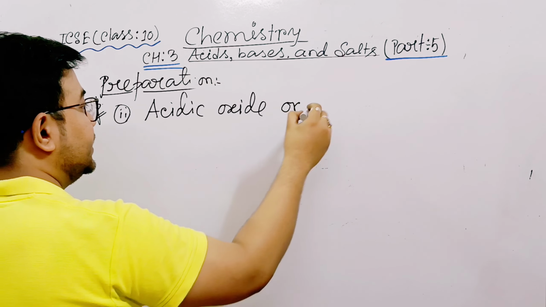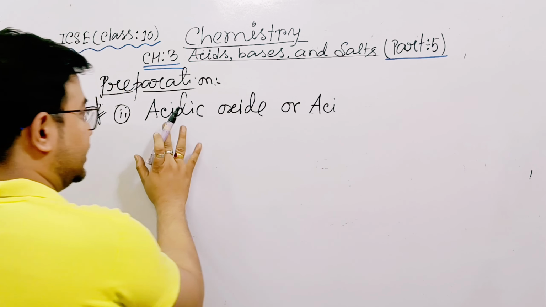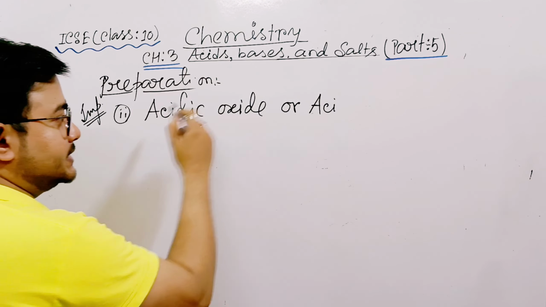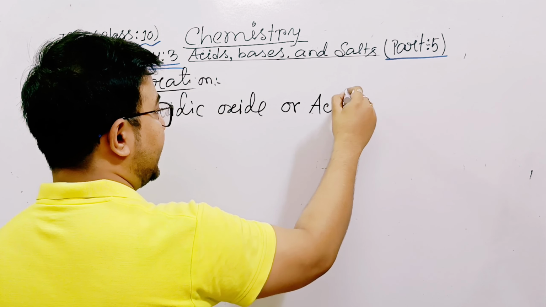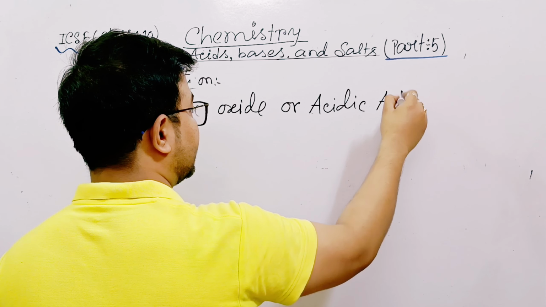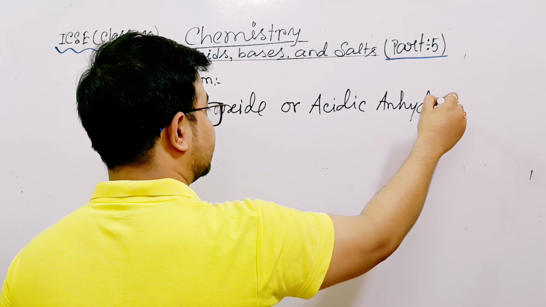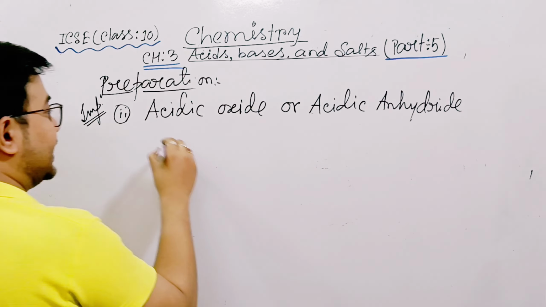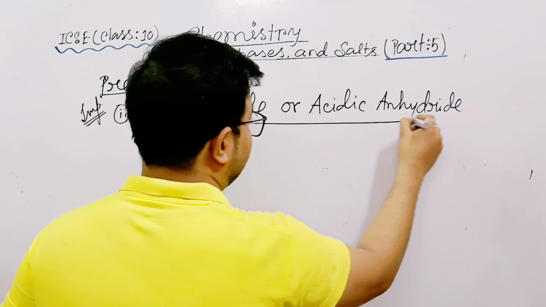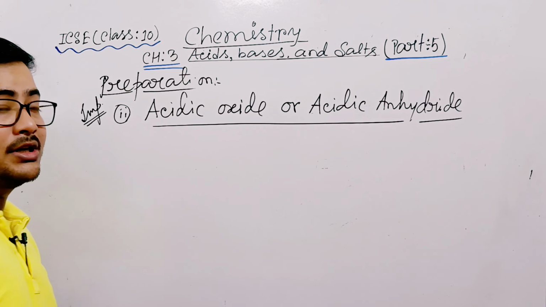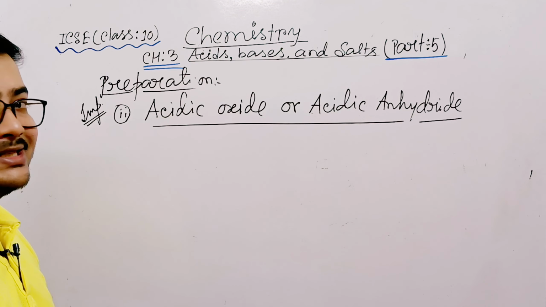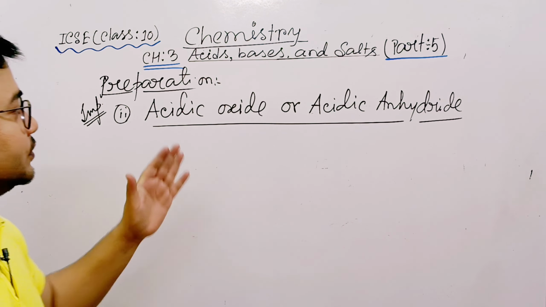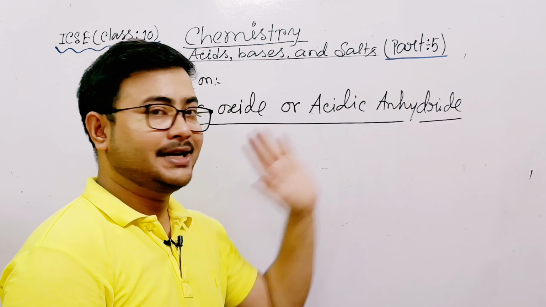Acidic oxide is also called acidic anhydride. So acidic oxide means, look at the board, acidic oxide, also called acidic anhydride.